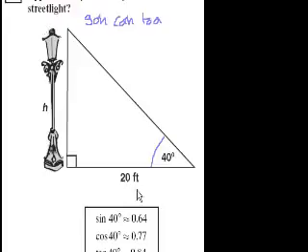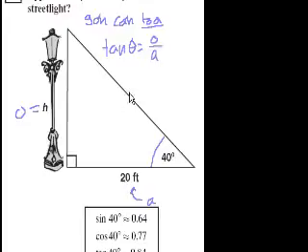They gave us the adjacent, right? This is adjacent to the angle. It's right beside it. The height that we're trying to figure out, this is the opposite. So if we need a trig function that deals with the opposite and the adjacent, well, that's tangent, right? TOA, tangent of any angle is equal to the opposite over the adjacent.